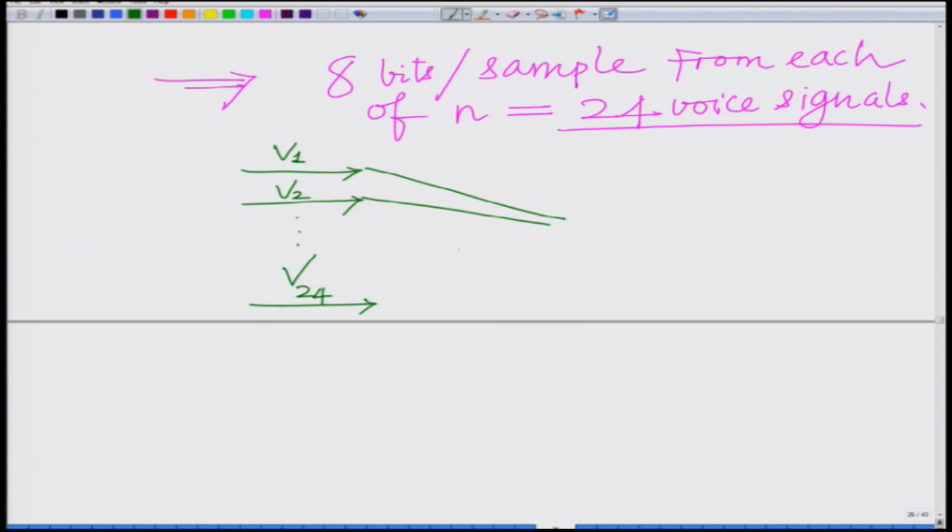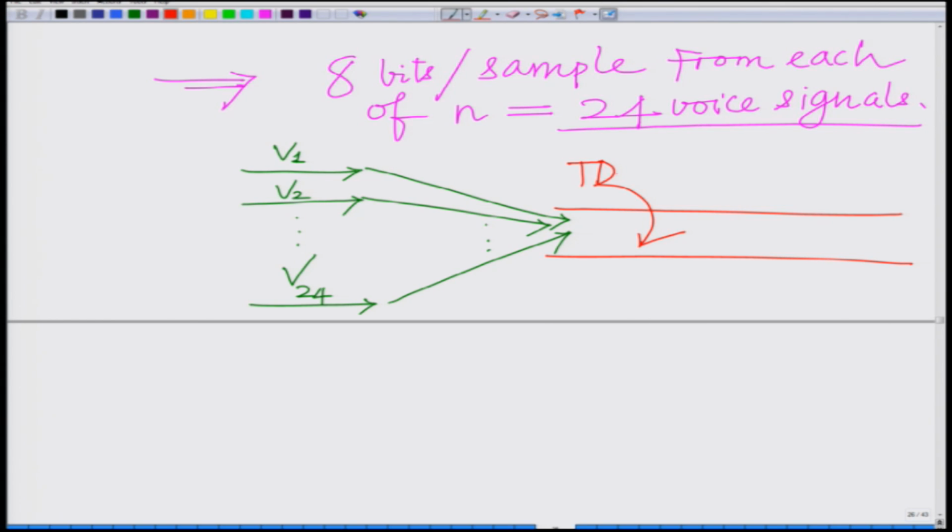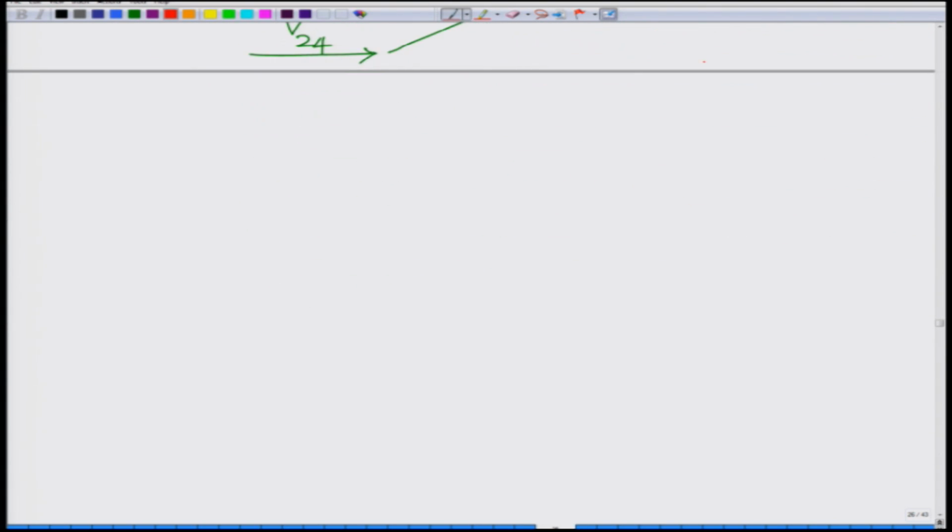All these are multiplexed over a single channel. So, all these are TDM, time division multiplexed over a single channel. Okay.